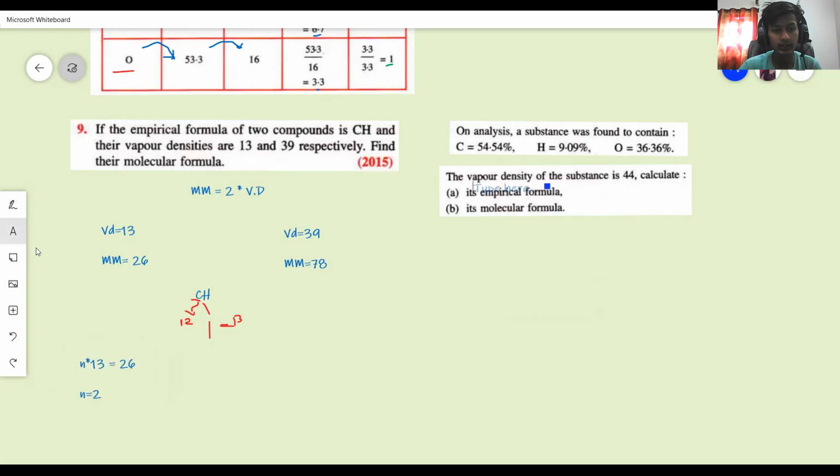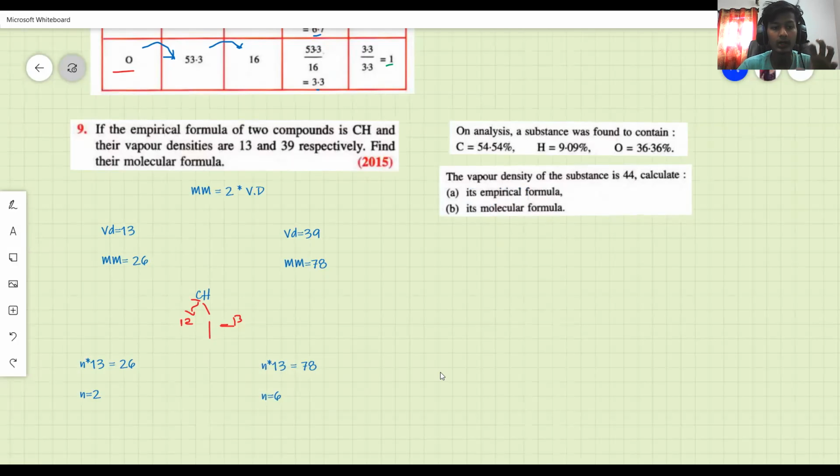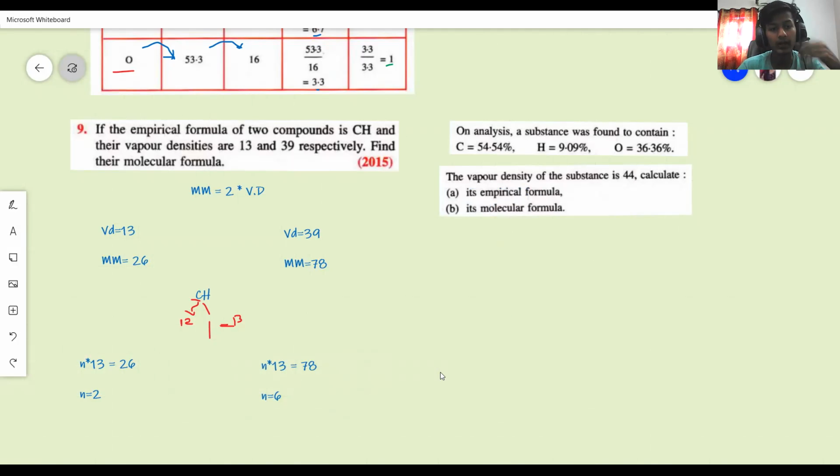In the second case, n into 13 equals 78, therefore n will come out to be 6. Okay, so to calculate the molecular formula, we multiply this n again by the empirical formula. So the molecular formulas will come out to be C2H2 and C6H6, right?